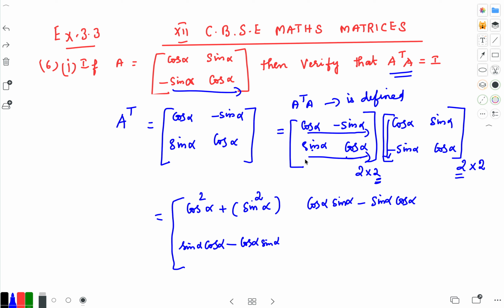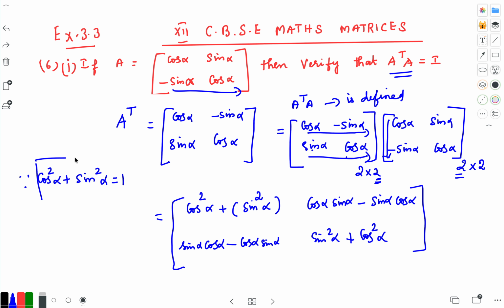Then the second row with the second column: sin alpha into sin alpha is sin square alpha plus cos alpha into cos alpha is cos square alpha. Here, cos square alpha plus sin square alpha equal to 1.